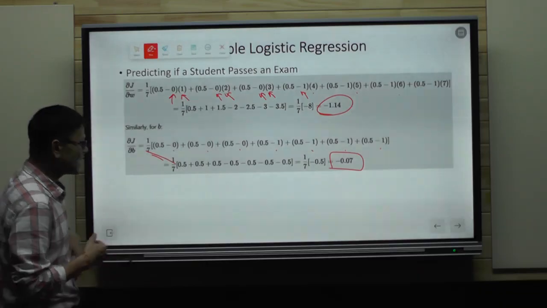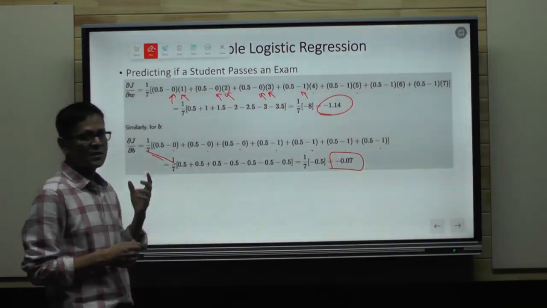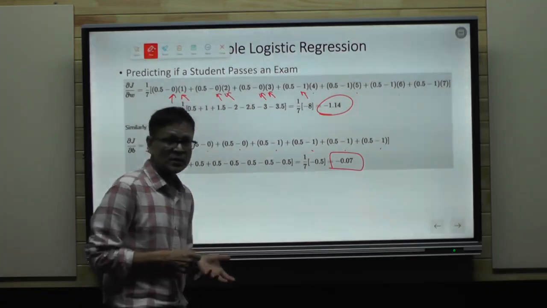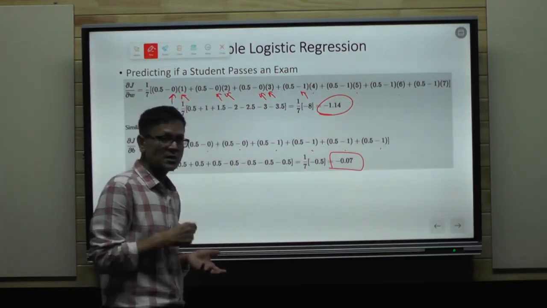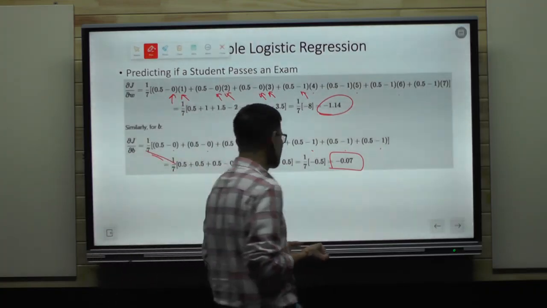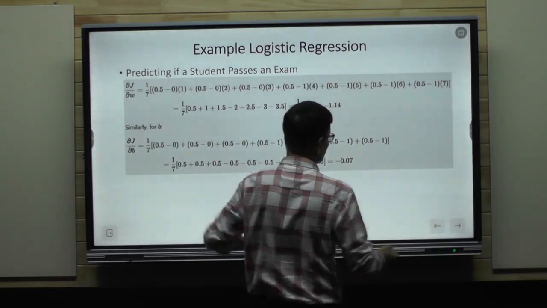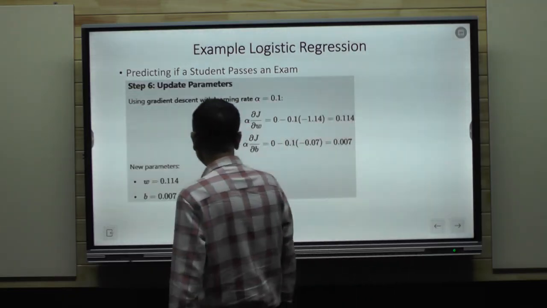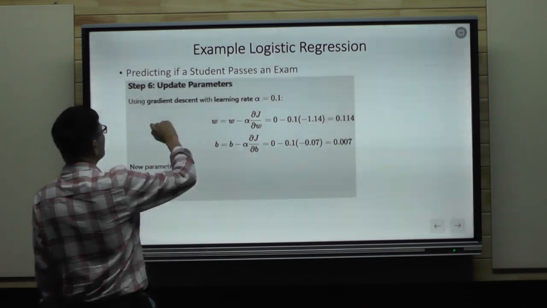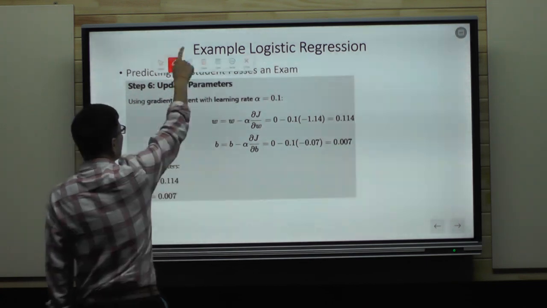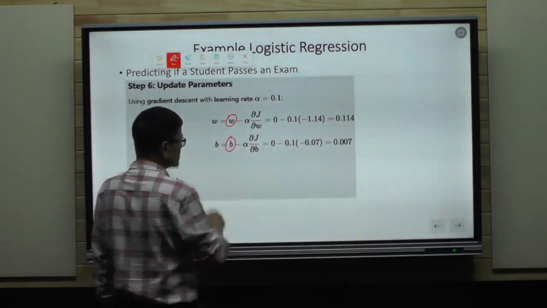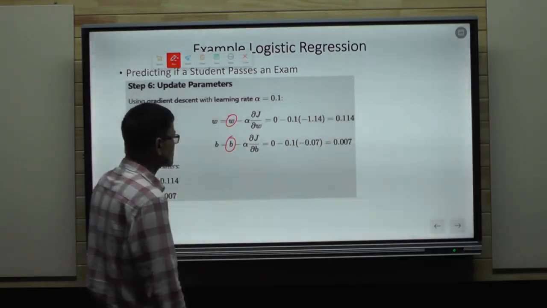Now let us assume the learning rate and improve the weights. Earlier we have used the weights W equals 0 and B, the bias, equal to 0. So this factor was actually 0, okay, and this bias is also 0.